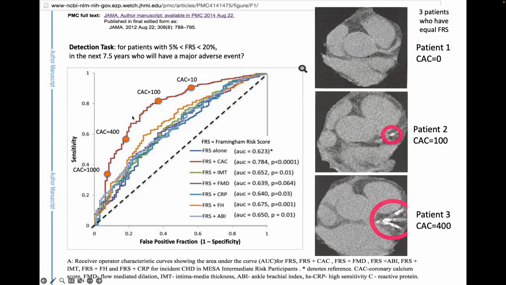And the best predictor by a long shot, right? So they all pile up here on the ROC curve. And we'll review what an ROC curve is in a minute. But coronary calcium has just shown over and over to be the best thing to do.